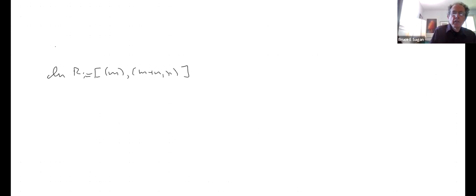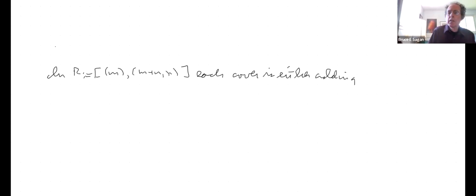Each cover, as I was saying, is either adding a box to row 1 or row 2. That's how it's formed.